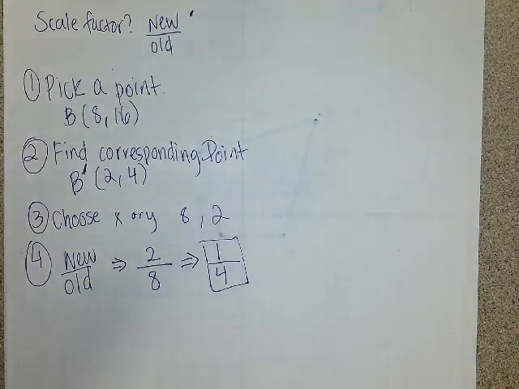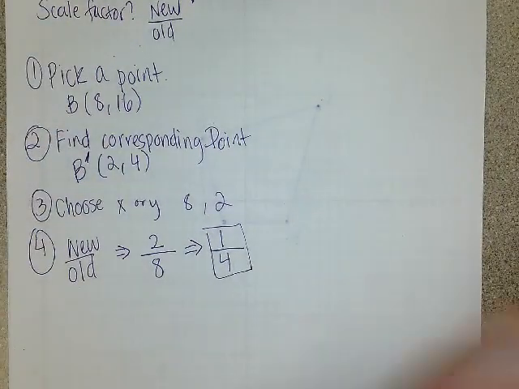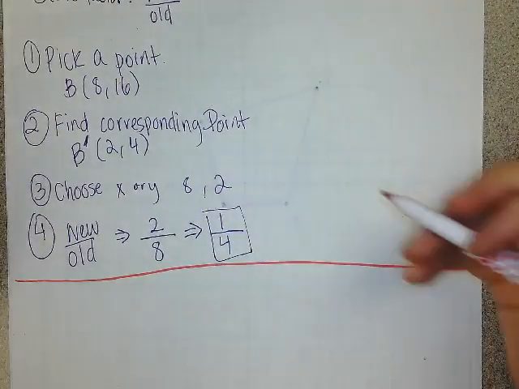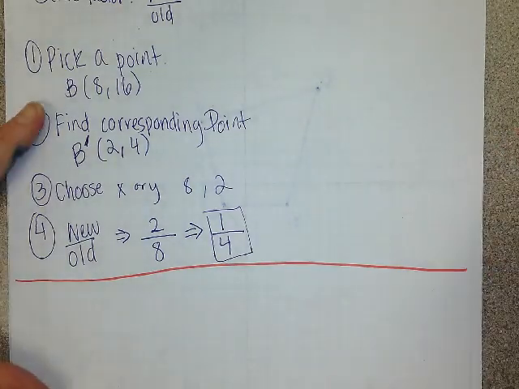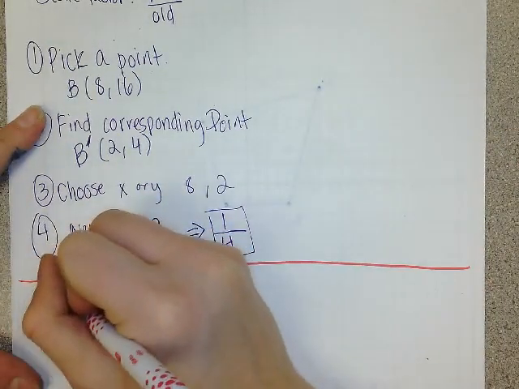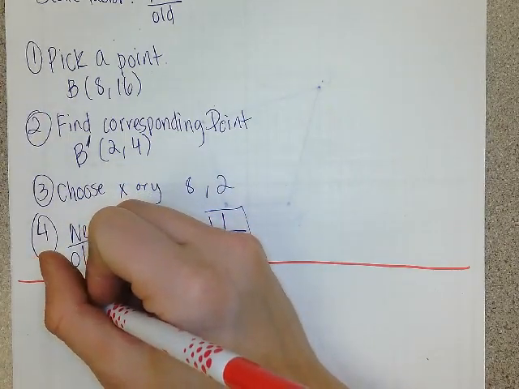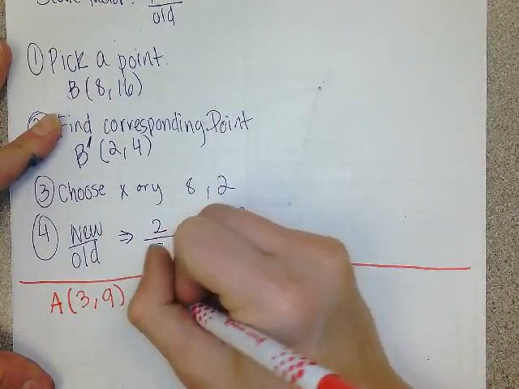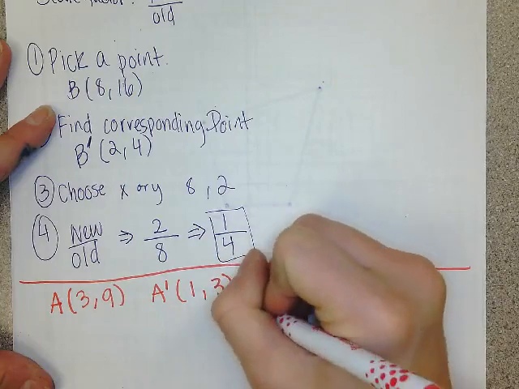Do you think you can do one of these on your own? Let's try it. You have the steps. I'm just going to do 1 point, so you don't have to look at all 3. A is 3, 9, and A prime is 1, 3.